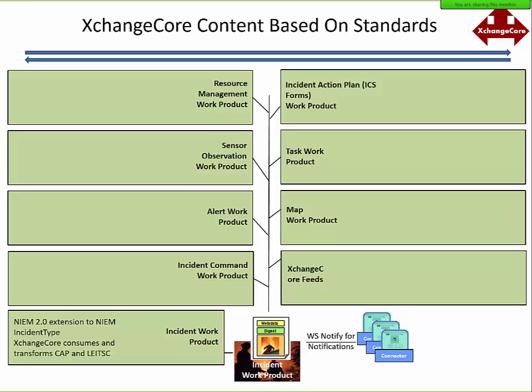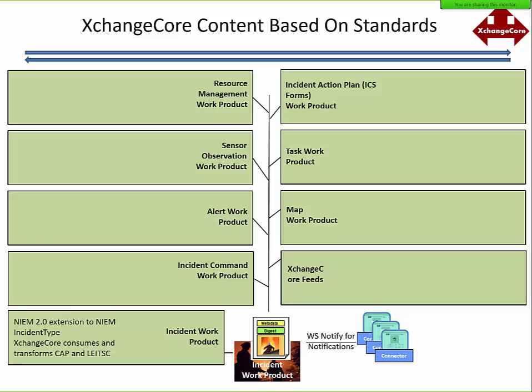The incident work product is NIEM, the National Information Exchange Model. It consumes a couple of other things, the Law Enforcement Information Technologies Exchange Consortium, as well as Common Alerting Protocols, all of which we take because they're ways of finding out problems out there.